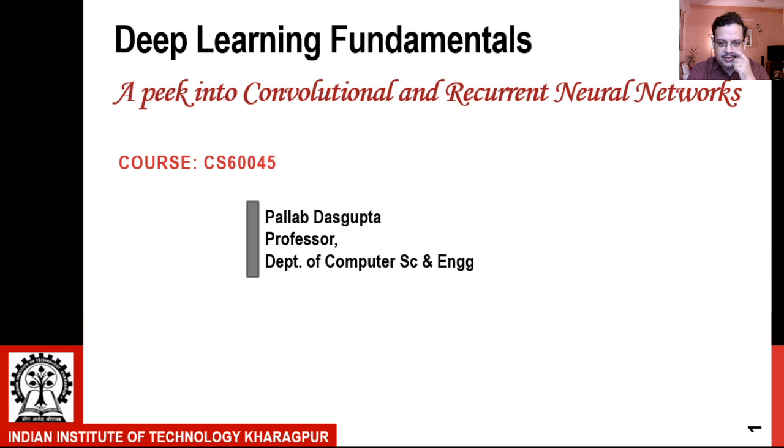They are variants of the generic structure of the network, targeting different types of applications, as we shall see. Later on we are also going to discuss some of the other types of networks or derivatives that have come out of CNNs and RNNs.